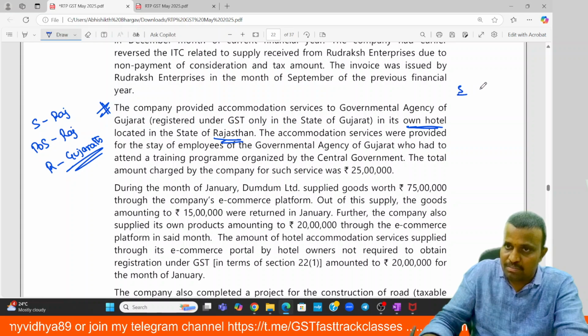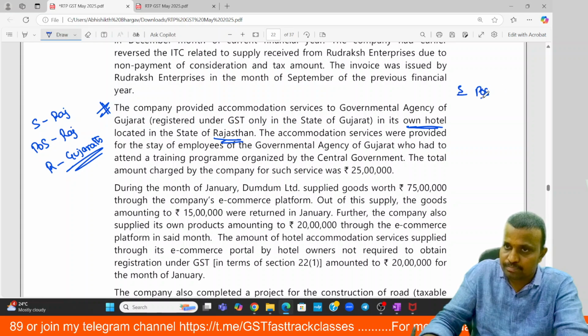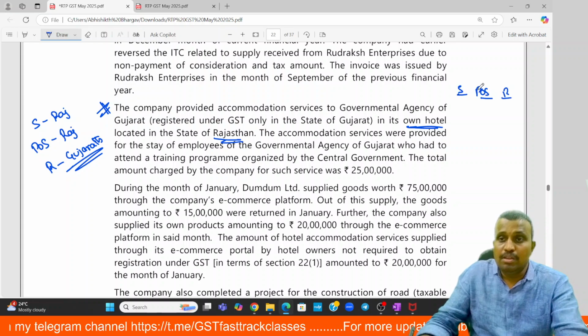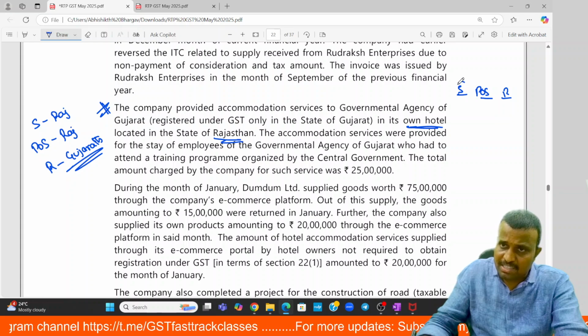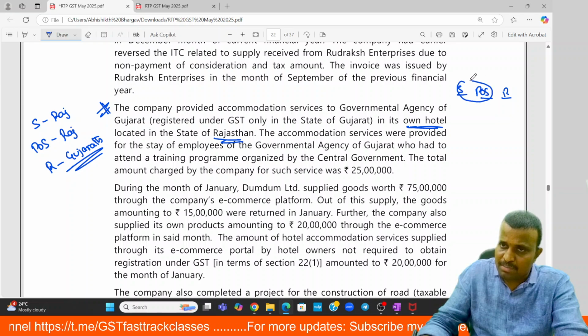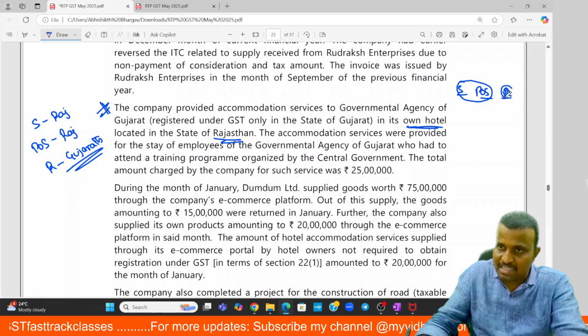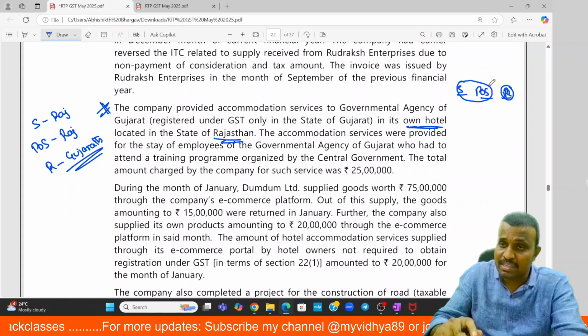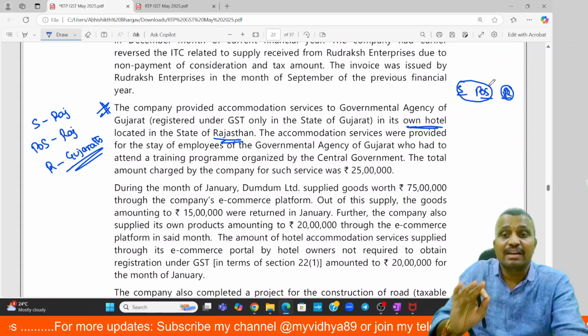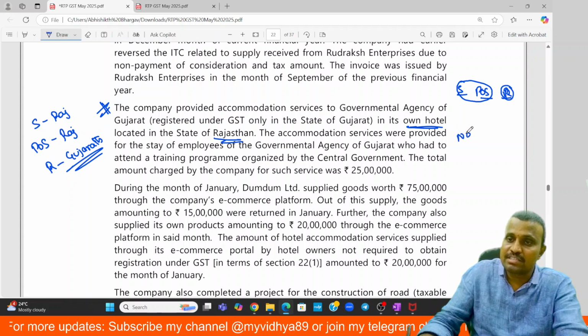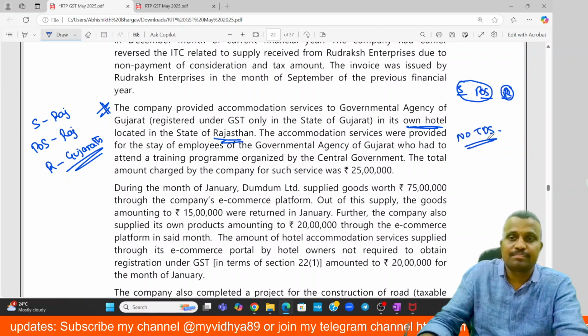So here, if the supplier and the place of supply are both in the same state and the recipient is in another state, remember, no TDS is required to be deducted.